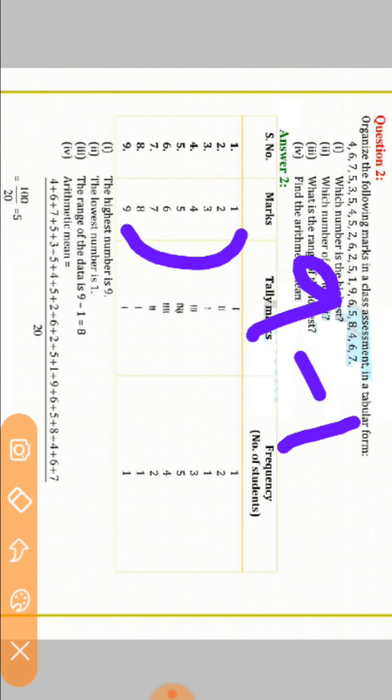Is it not 9? So the highest number is 9. The second question: which number is the lowest? The lowest mark is 1. What is the range? Range, as I explained just now, is the highest minus the lowest. So the range is 8.